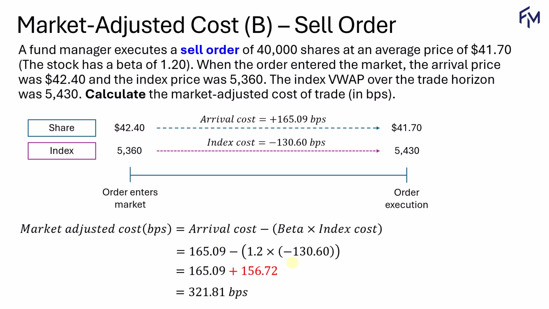And after adjustment, this becomes 321.81 basis points. So if the market had not gone up, if we were to take out that portion, the trader would have performed even worse. They would have a much higher arrival cost after adjusting for the market factor.